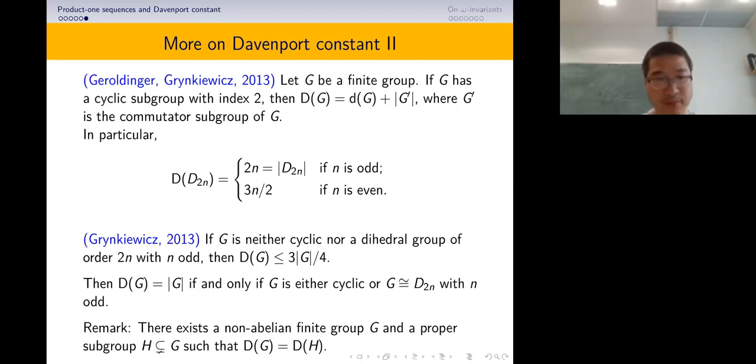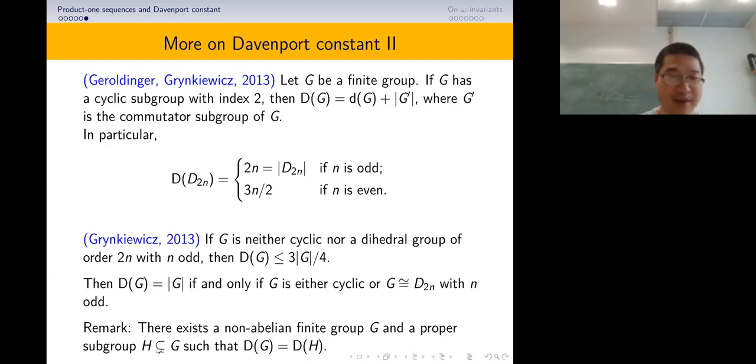3n. The same year, Grynkiewicz also proved that if G is neither cyclic nor a dihedral group of order 2n with n odd, then the large Davenport constant of G is smaller or equal to 3 times the order of G over 4. So by those two results, we obtained that the large Davenport constant D(G) equals the order of G if and only if G is either cyclic or isomorphic to a dihedral group of order 2n with n odd.